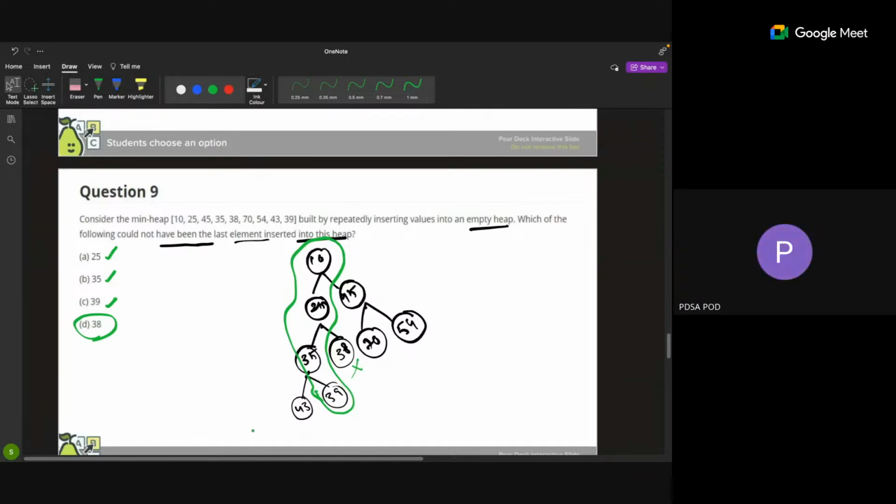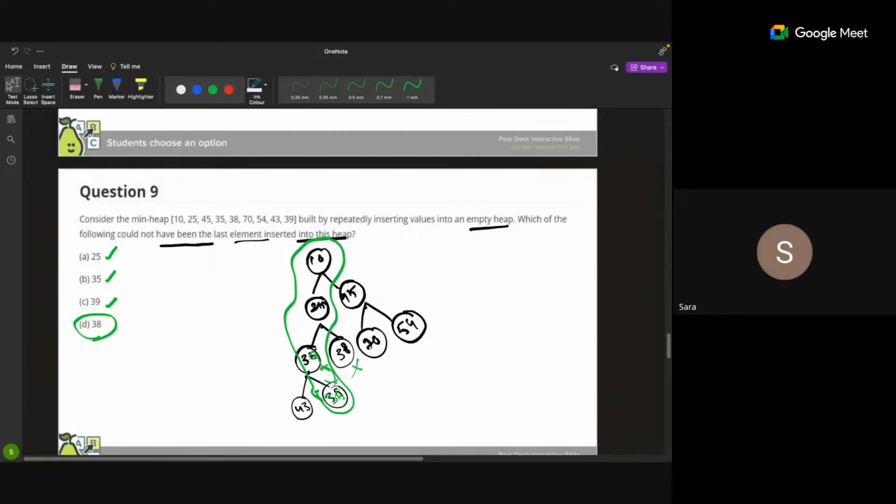Excuse me. Like you said 25 then 35. How can we heapify 35 and 39? The min heap property will be spoiled, no? Maybe recently inserted is 35. Already 39 is there. Heapify might have happened, no? But 35 is smaller than 39. How can we do it? It's a min heap you are talking about.